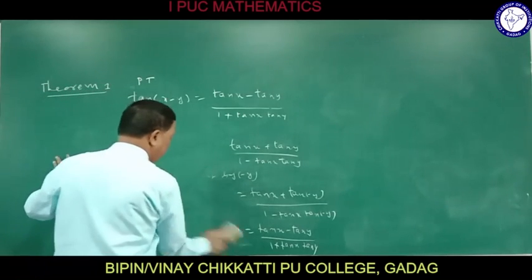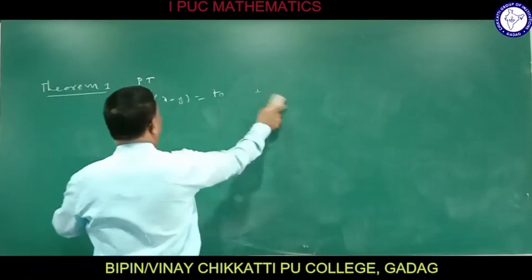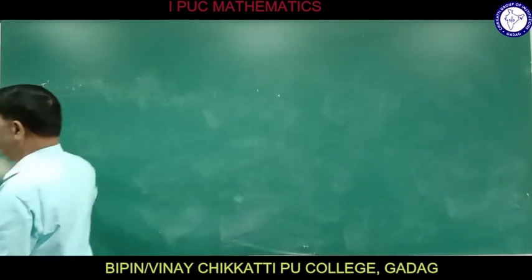Now I am going to see next about cot of x plus y and cot of x minus y. That also we consider to prove the result. So I am considering theorem 2.